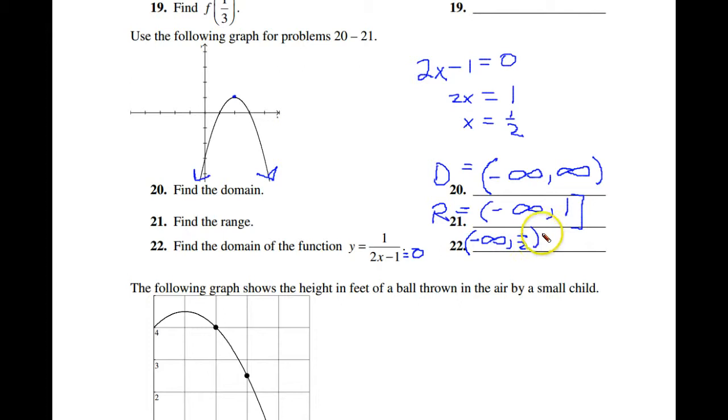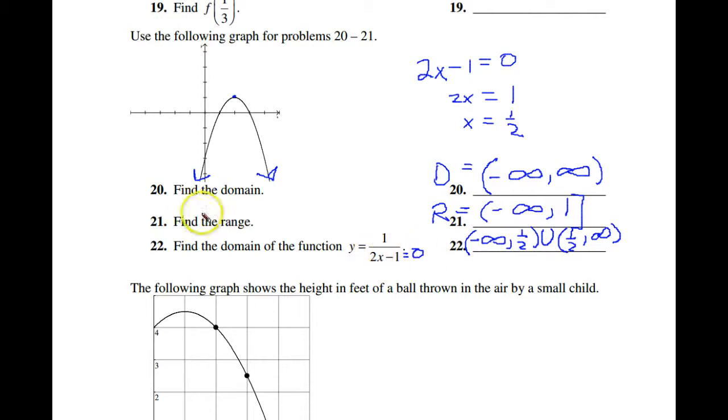But 1/2 is not included in the set, and union with 1/2 on that side, but again 1/2's not included, to positive infinity. All real numbers except 1/2 are okay. If it were 1/2, it would make our denominator a 0, and that is undefined.